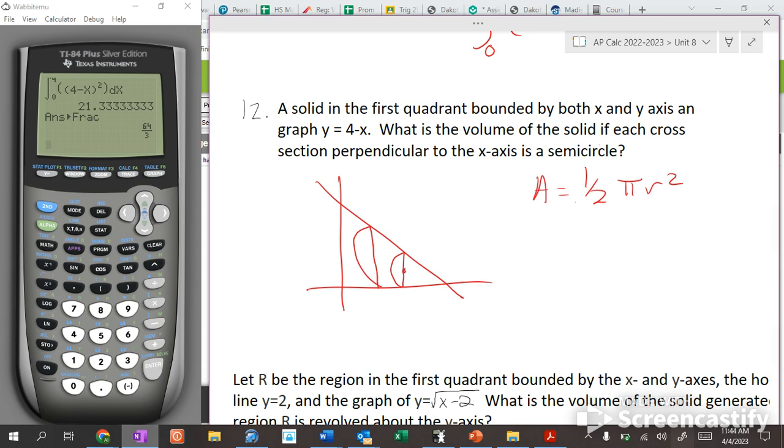Now, the radius of this semicircle is not this whole distance. It's half the distance. So, your 1/2 pi and then your r squared, your r is going to be 1/2 of 4 minus x squared.